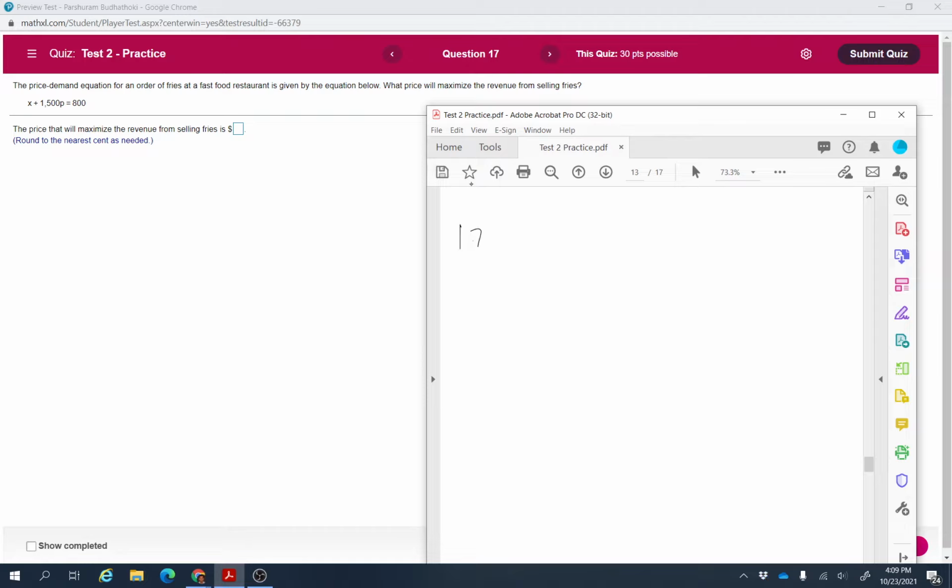So look at here, problem 17. We know the revenue can be found by multiplying the number of items times price. So in our case, we need to express this revenue in terms of price. So we are going to change this x to p by using this relation. We know x plus 1500p equals 800.